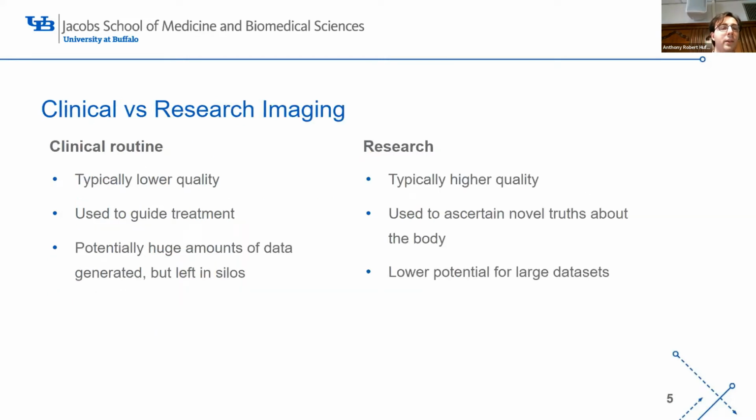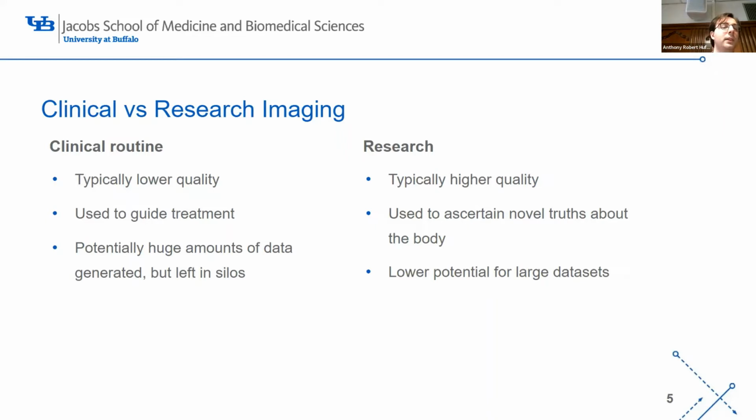And I'm going to talk a little bit throughout this presentation about clinical imaging and research quality imaging. The reason is that there's quite a bit of difference in how imaging is done in a clinical routine, so things like doctor's visits, and in the research setting, which is where I typically work.